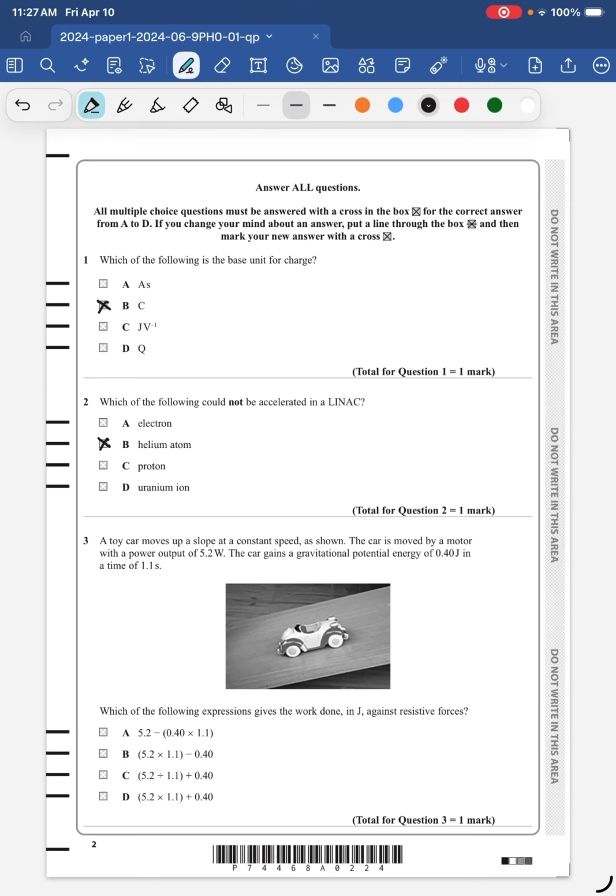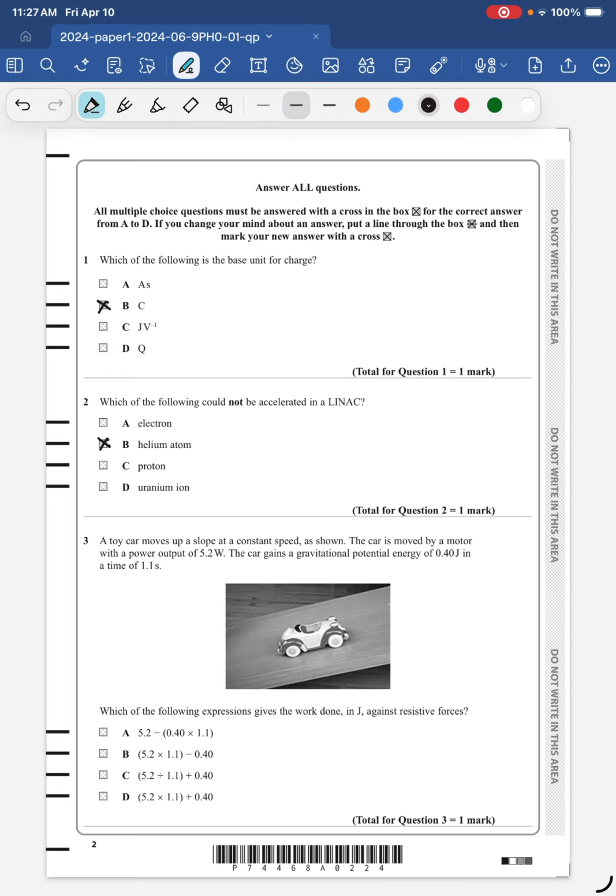Question 3, a toy car moves up a slope at a constant speed as shown. The car is moved by a motor with a power output of 5.2 watts. The car gains gravitational potential energy of 0.4 joules in a time of 1.1 seconds.